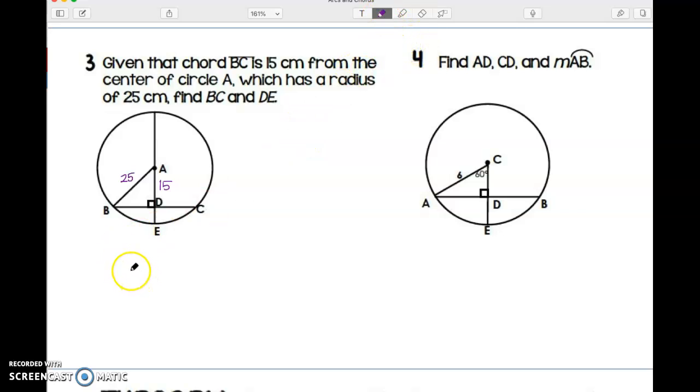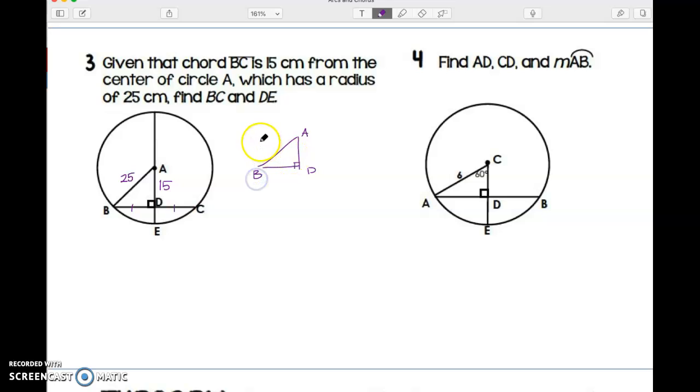The first thing that we want to note is that AE is a radius. It's perpendicular to the chord BC, which should tell me that these two pieces are going to be congruent. So then the next question is, how could I solve for one of those pieces? We have a right triangle that is created with that perpendicular relationship for ADB.